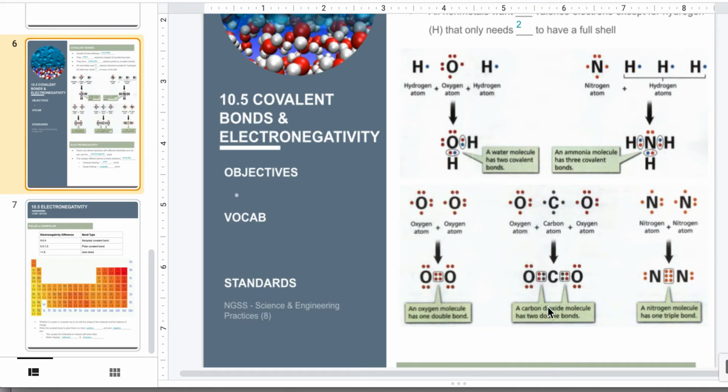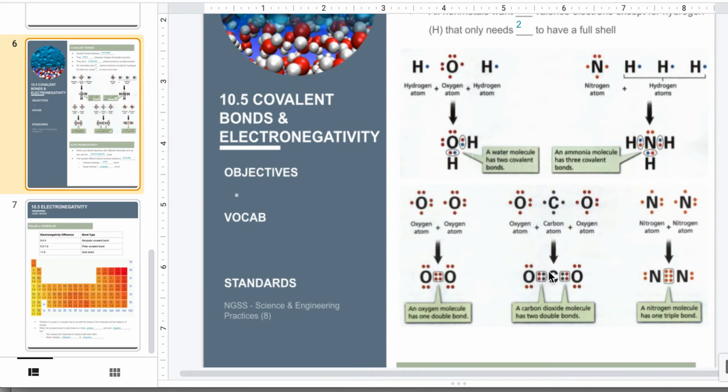Okay, we see the same thing happening with oxygen and carbon. The carbon is going to pair up with two of the oxygen's unpaired electrons, and then does the same with this other oxygen with its other two electrons. So carbon and each oxygen have two pairs of shared electrons, right? A total of four.